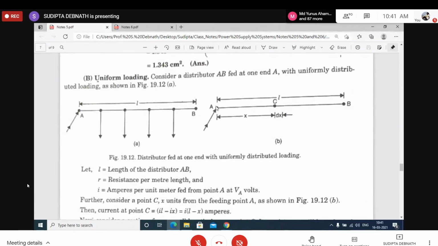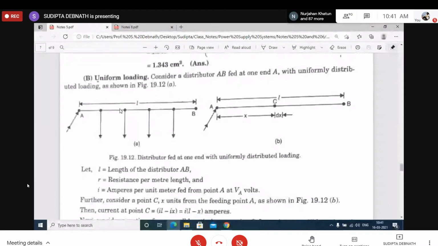It is fed at one end only, so we'll consider any point C at a distance x from the feeding point. Now one thing is clear: if I ampere per meter is the loading of this whole distributor, what is the total current tapped off throughout the length of the distributor?